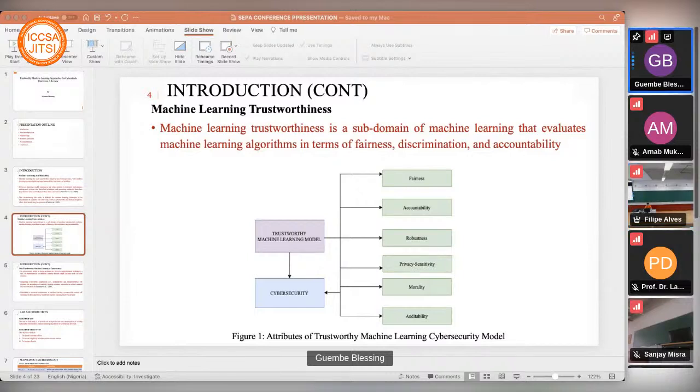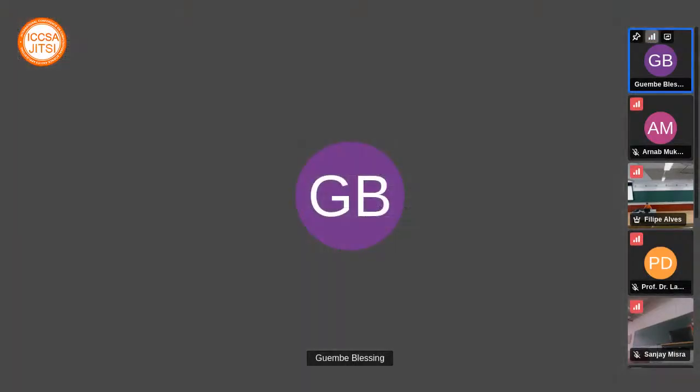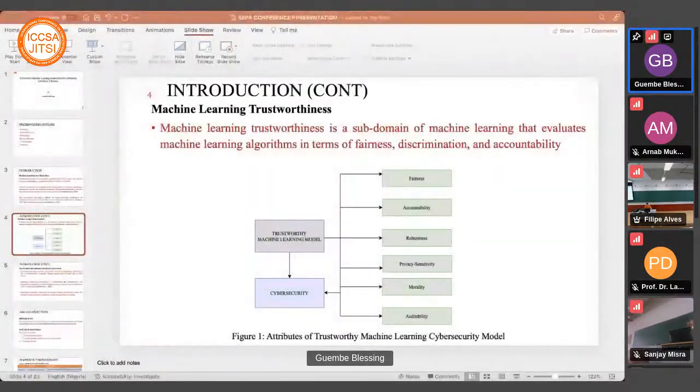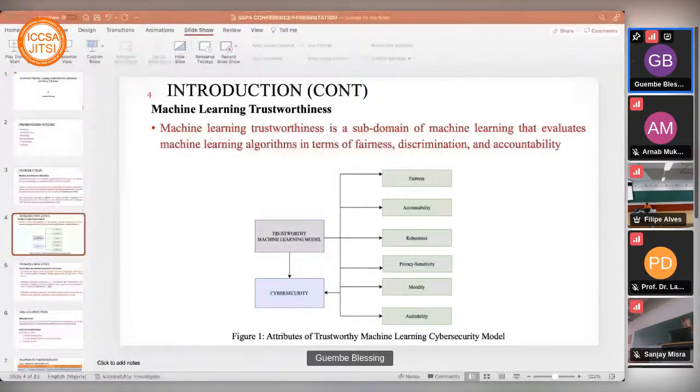Machine learning trustworthiness is a subdomain of machine learning that evaluates machine learning in terms of fairness, discrimination, and accountability. In the machine learning cybersecurity domain, fairness and accountability are very essential to demonstrate how trustworthy the system may be at detecting malicious attacks.